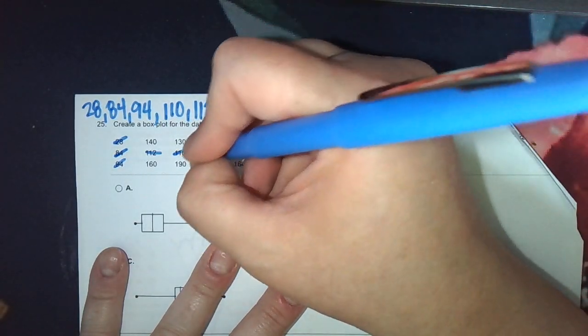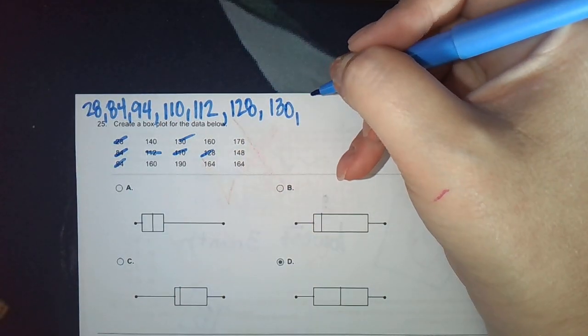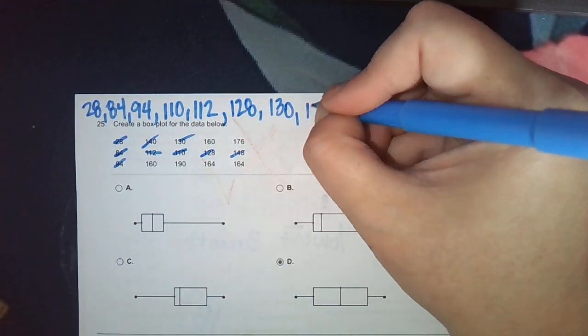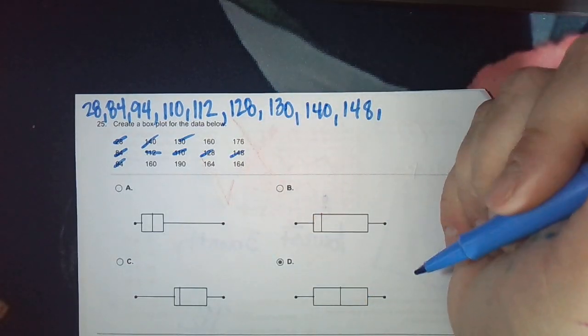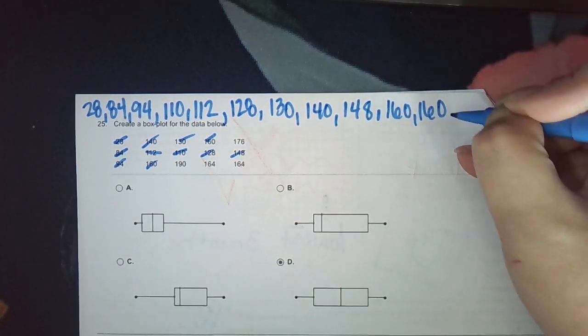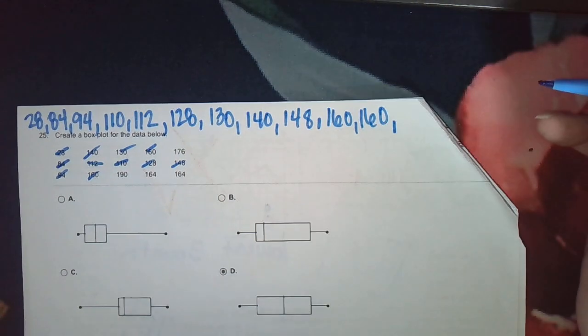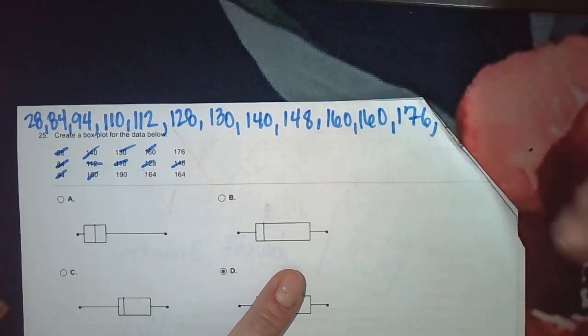128, 130, 140, 148, two 160s. That would be our mode because there's two of them. Then 176, 190.